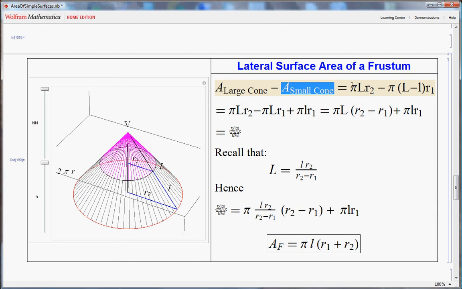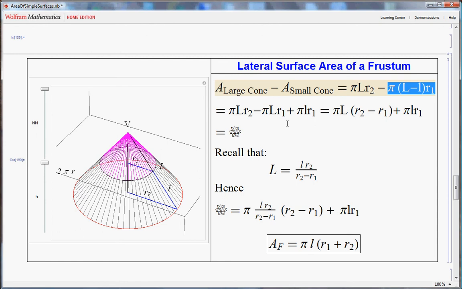In the case of the large cone, we have pi times slant height, which is capital L, times r sub 2, and in the case of the small cone, we have pi times capital L minus little l times r sub 1. So let's expand this product here.